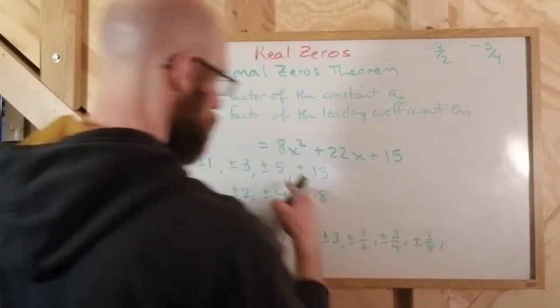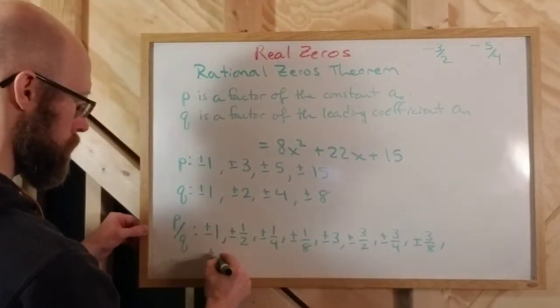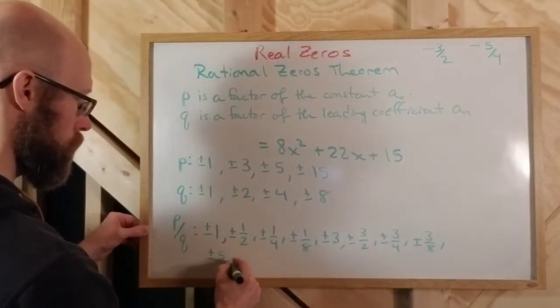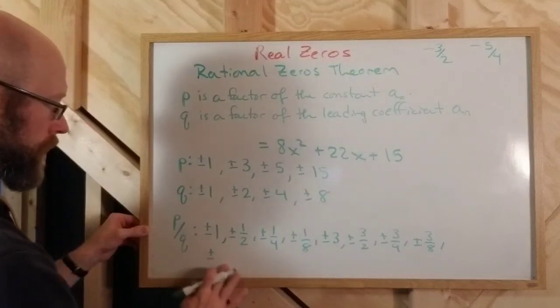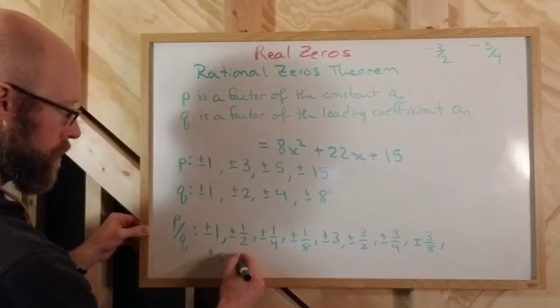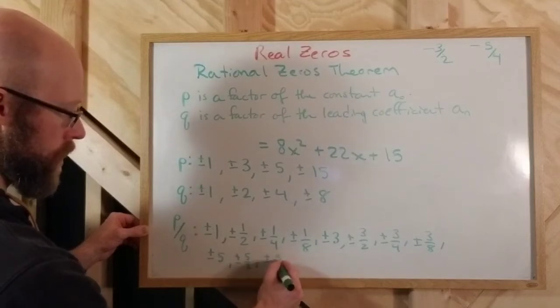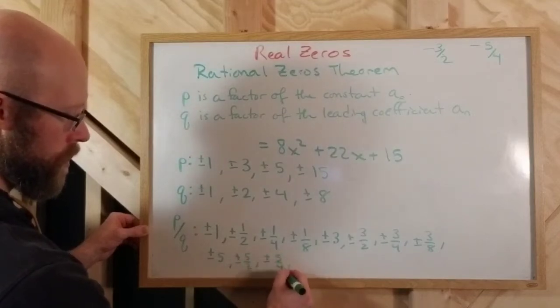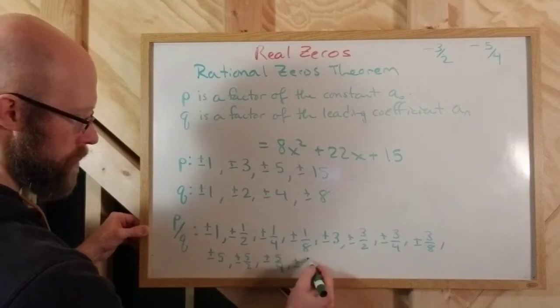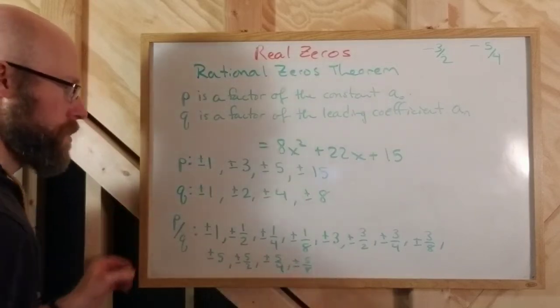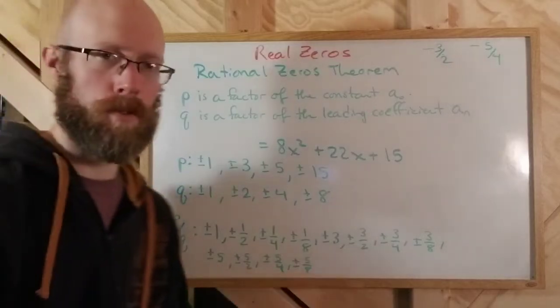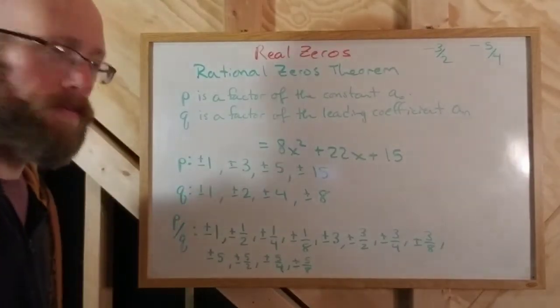Then if I want to keep going, I go to the 5. So plus minus 5 over 1, which is just 5, I don't need the 1 on the bottom. Plus or minus 5 over 2, plus or minus 5 over 4, and plus or minus 5 over 8. Okay, getting a little crammed on the bottom, but hopefully you can see all that.